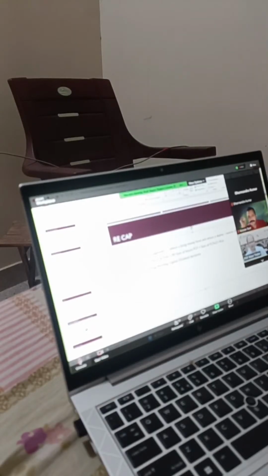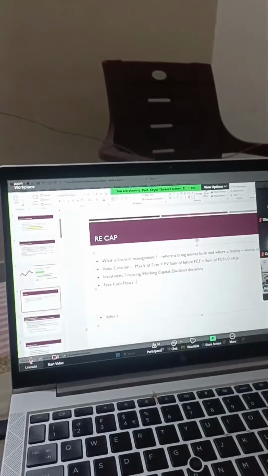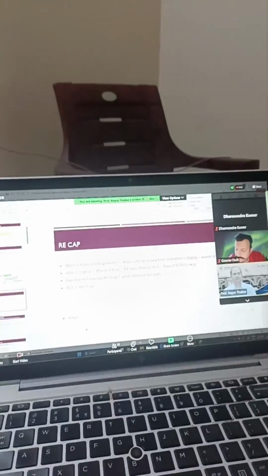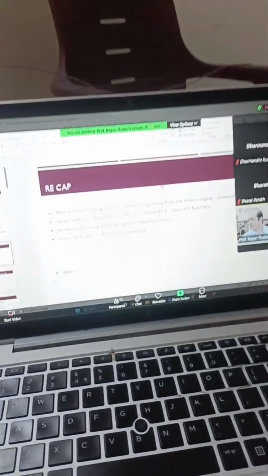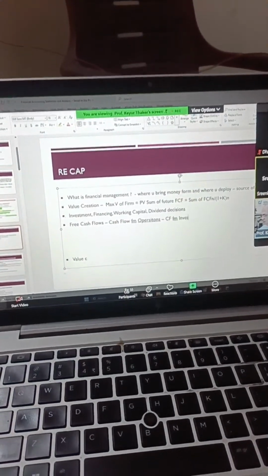And we understood the concept of free cash flows, right? What are the interesting things we understood in free cash flows? What is free cash flow? Cash flow from business operations, cash flow from operations minus cash flow from investments, right?